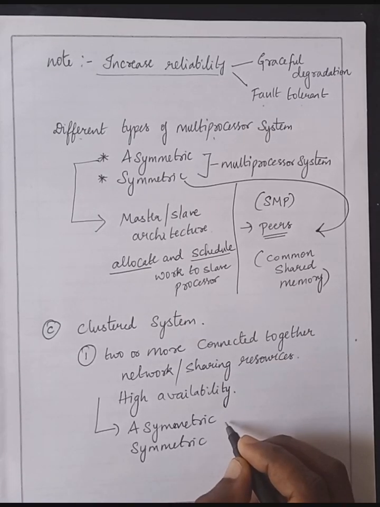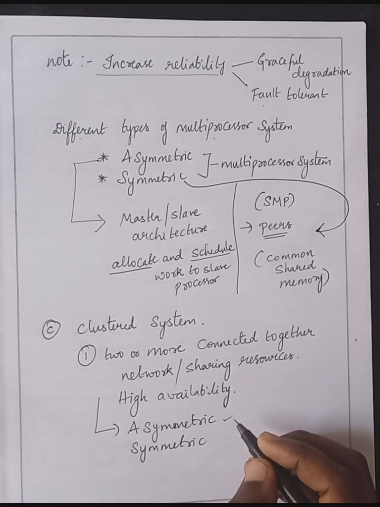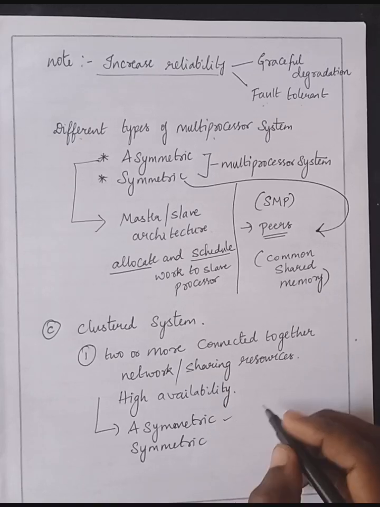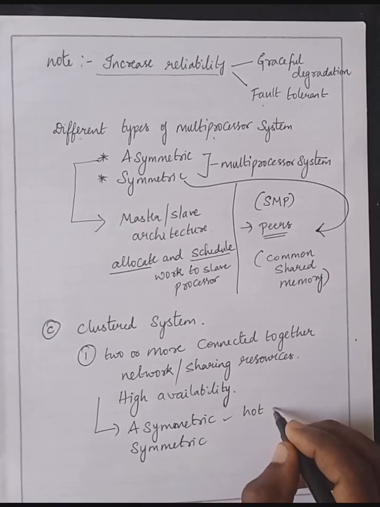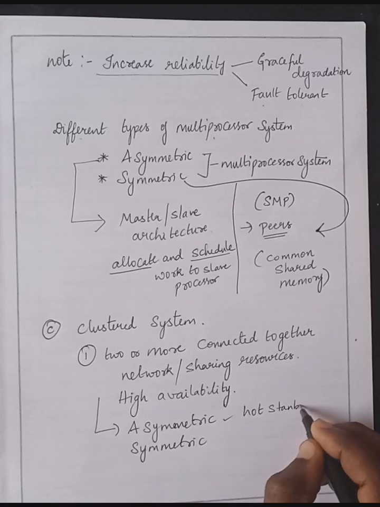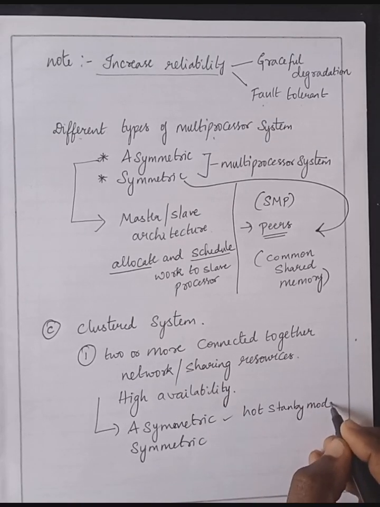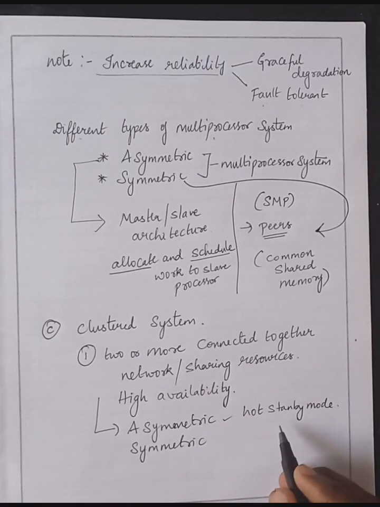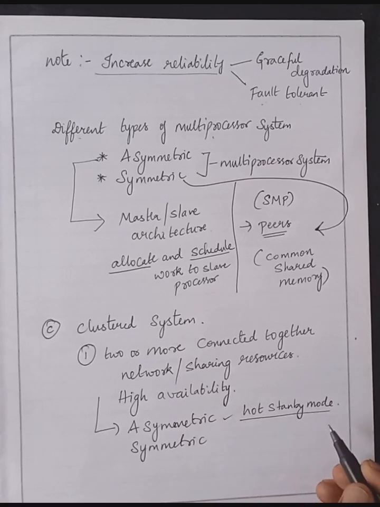Asymmetric clustering we can call hot standby mode. One system will act in hot standby mode while the others are running the application. The hot standby machine does not do any work.